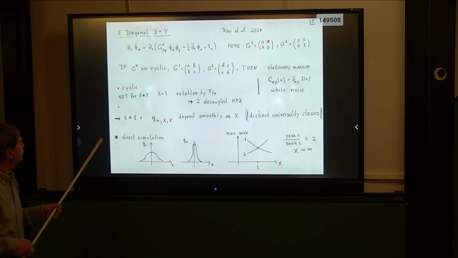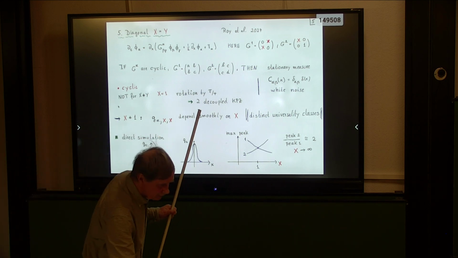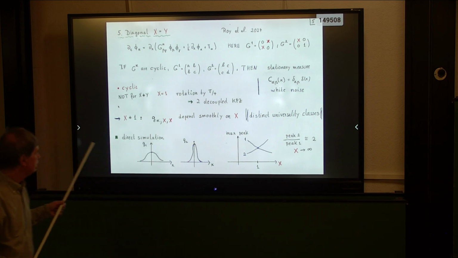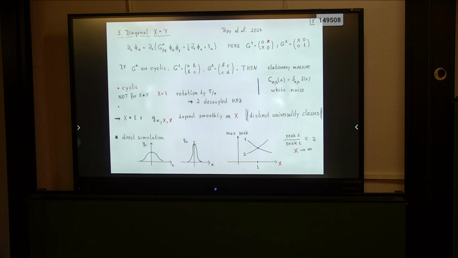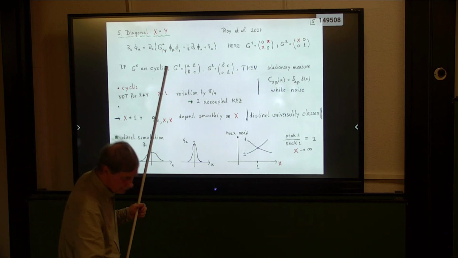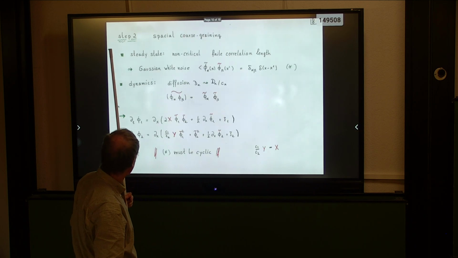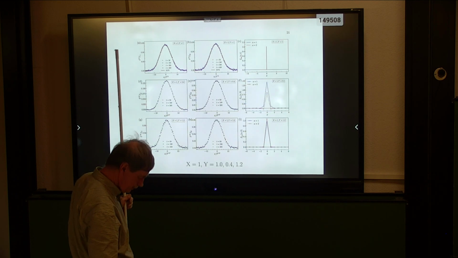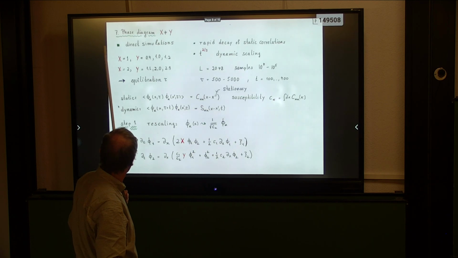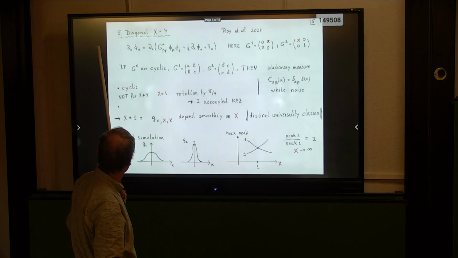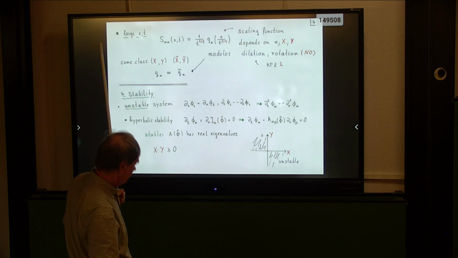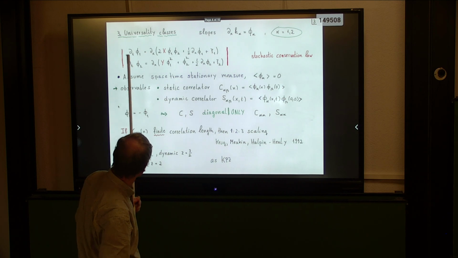Okay, so then I want to start from some work which we did a few years ago, where we looked at a simplification. Maybe I should go back to the equation.